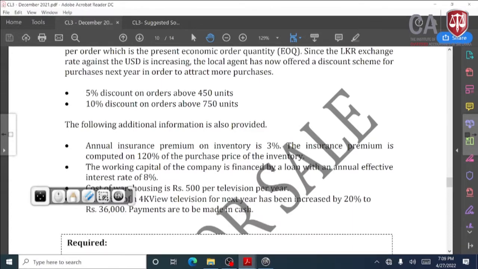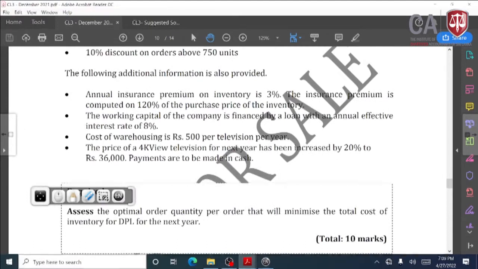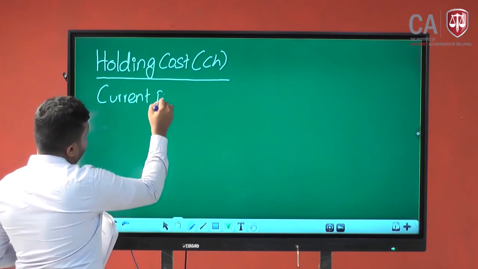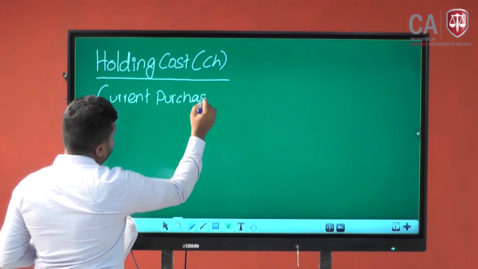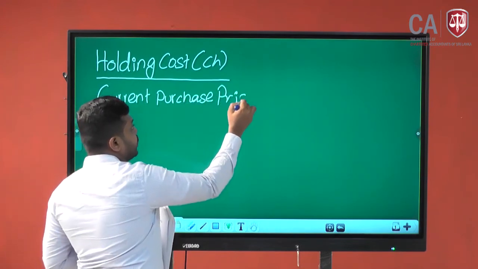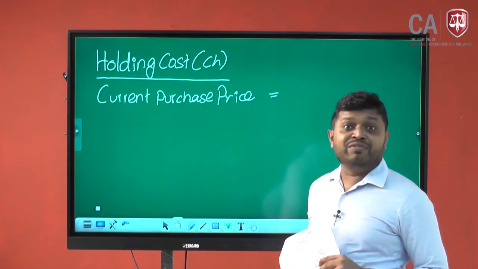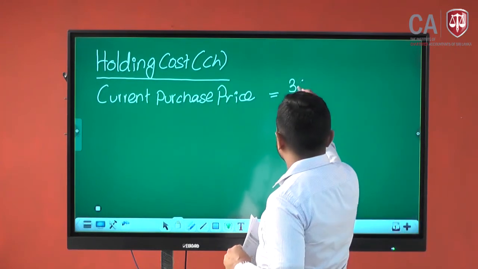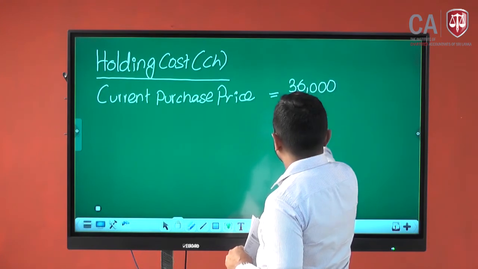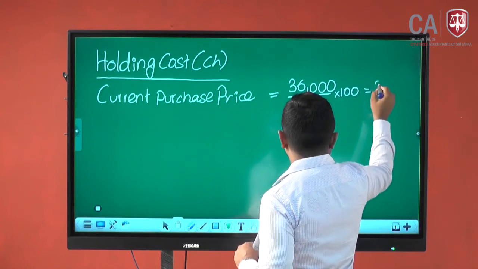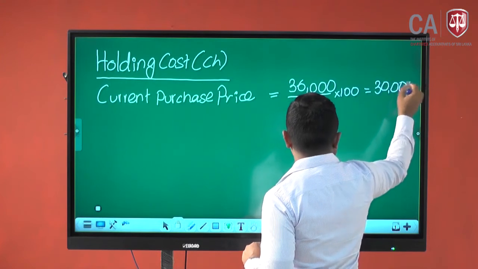First you have to calculate the purchase price. The 36,000 is the purchase price next year, after adjusting the 20% price increase. Therefore, first we will look at the current purchase price per unit. Expected purchase price after 20% increase is 36,000. That means this is 120, then what is the 100? It is 30,000. This is the current purchase price.